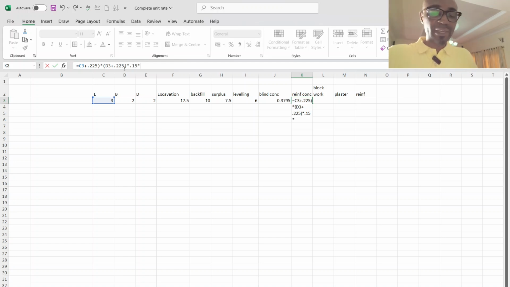So I now multiply by 2 since it's reinforced. Multiply by 2 if they both are reinforced. If both are not reinforced, say the bottom is a plain concrete, which means I have to create another column and measure that separately.